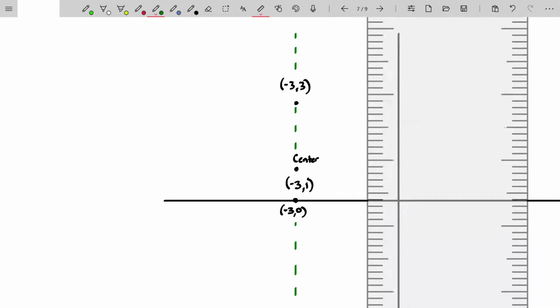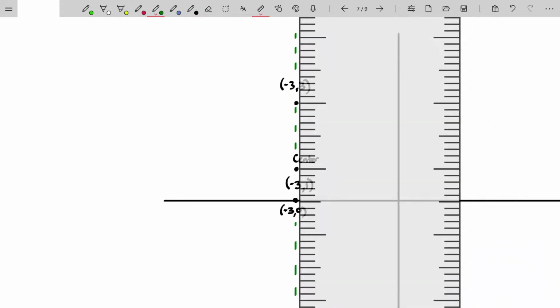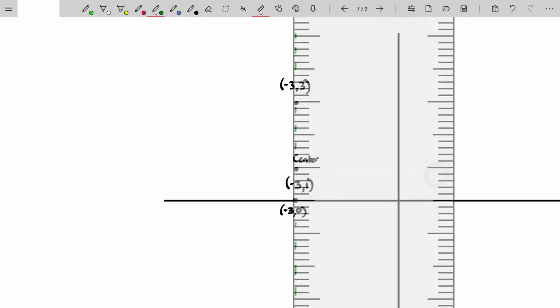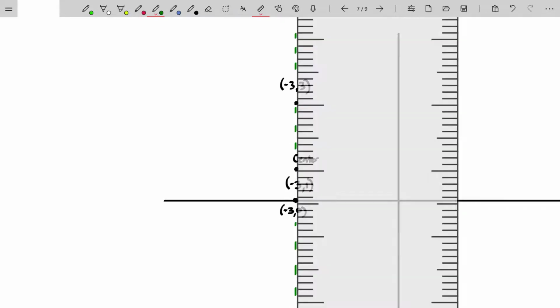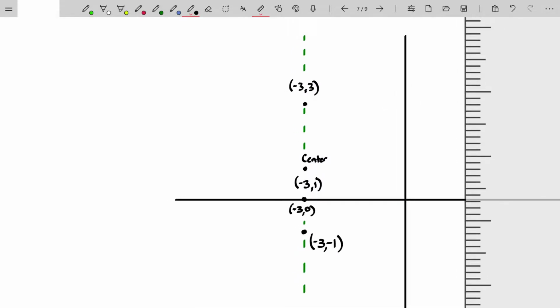And the distance between the center and that vertex, from (−3, 1) to (−3, 3), is the same as the distance in the other direction to the other vertex. So let me plot the other vertex in there. Now notice the distance between the center and the vertex in the vertical direction. That distance is 2.